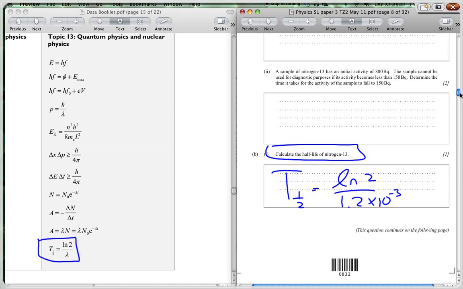So we just do that straight into our calculator, ln of 2 close brackets divided by 1.2 exponent minus 3, and you get about 577, 578, and we can round that to about 580 seconds as your half-life.